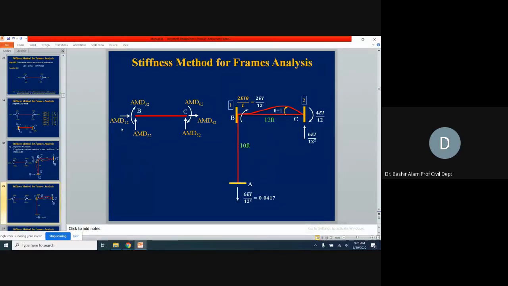So AMD12, here we don't have any horizontal, so 0. AMD22 will be minus 6EI over l square, this vertical reaction. AMD32 is 2EI over l. AMD42 is 0, we don't have any. AMD52 is 6EI over l square. And AMD62 is clockwise 4EI over l.